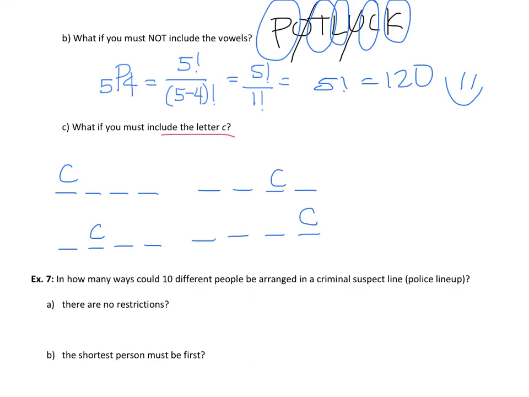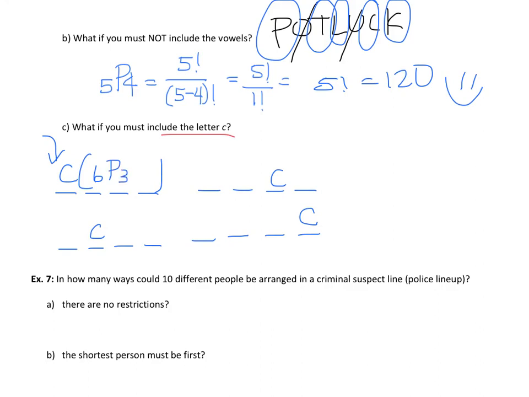And then we're going to use all the other letters to populate the other spaces in our 4-letter arrangement. So in this first case, we have 7 letters, and we have taken away one of the letters because that's C. So we have 6 letters, and we want to fill 3 spots. So it's 6P3.